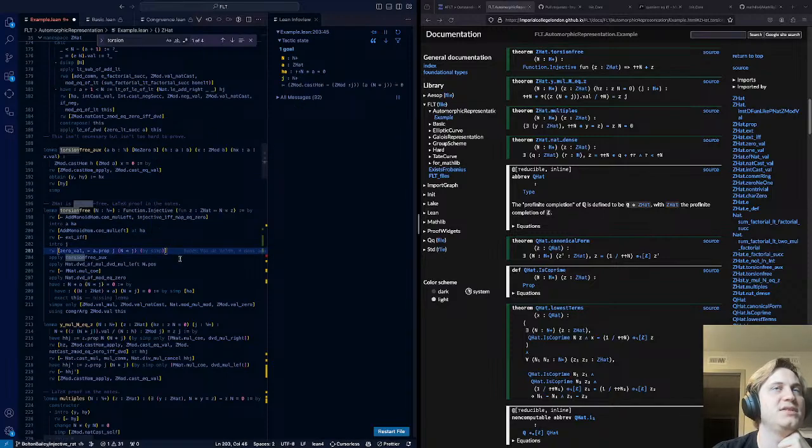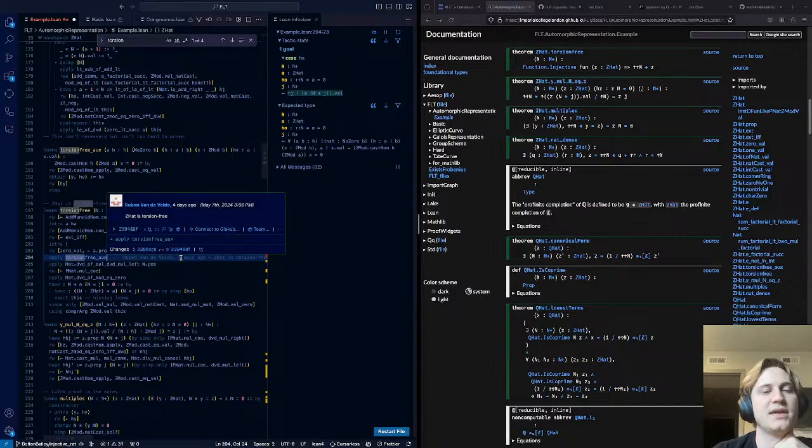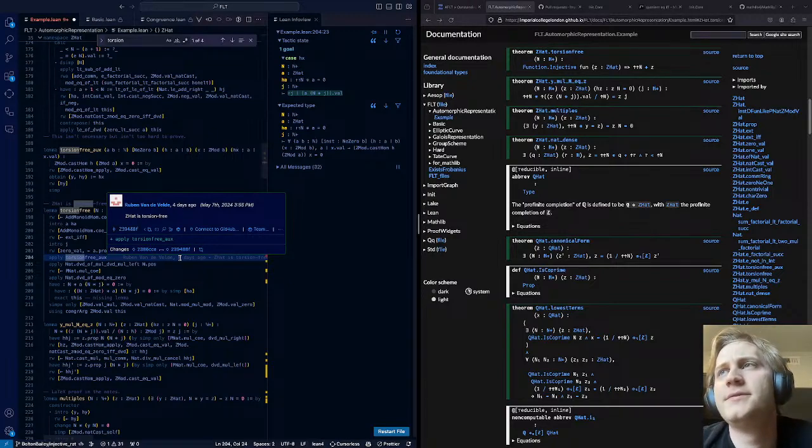It seems relatively easier for this because this type is not a tensor product. It doesn't have all this rigmarole with the quotient types.